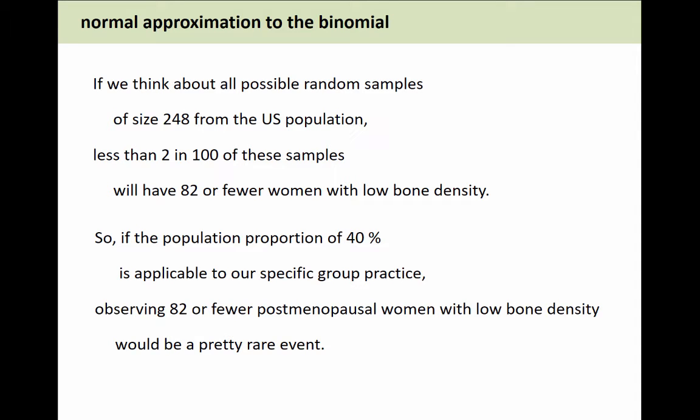So, if the population proportion of 40% is applicable to our specific group practice, observing 82 or fewer postmenopausal women with low bone density would be a pretty rare event. Not an impossible event, but less than 2 in 100 for probability.